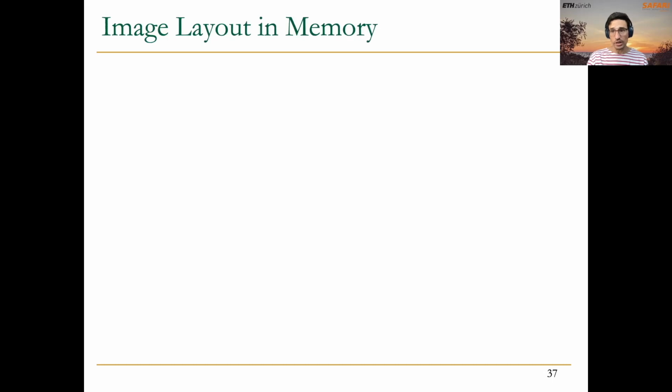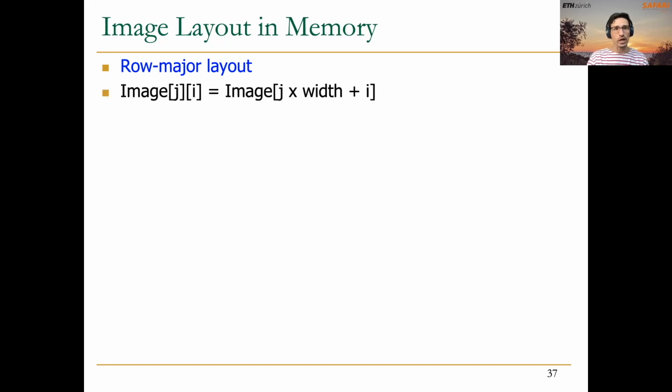But how are these images stored in memory? That's something we already talked about in our previous lecture. They are going to be linearized, either with a row-major or a column-major layout. We are going to assume a row-major layout. In the row-major layout, the row and column of the image can tell us the specific memory address where the pixel resides.